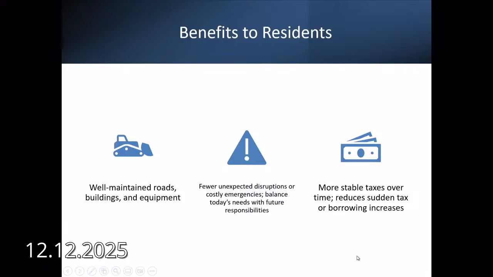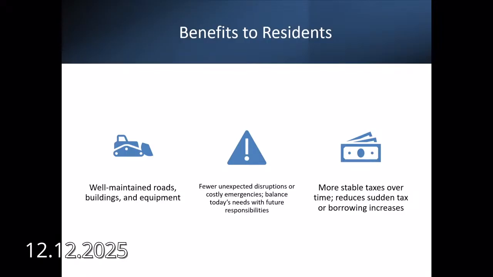This process allows us to have a smooth cost across fiscal years. That way, instead of waiting till something breaks, we're not having these spikes in our requests for purchase of assets.